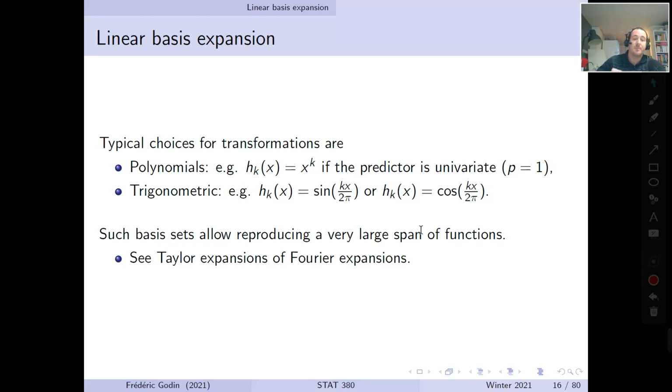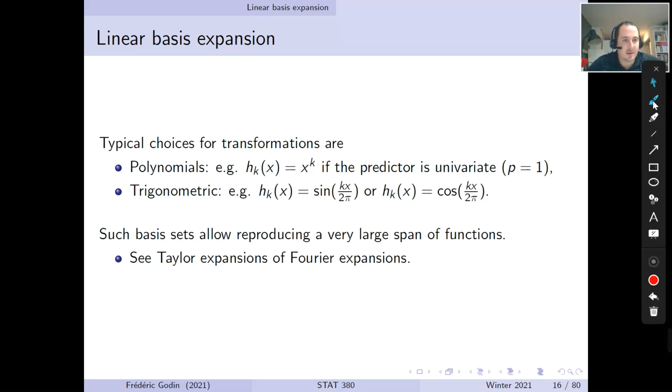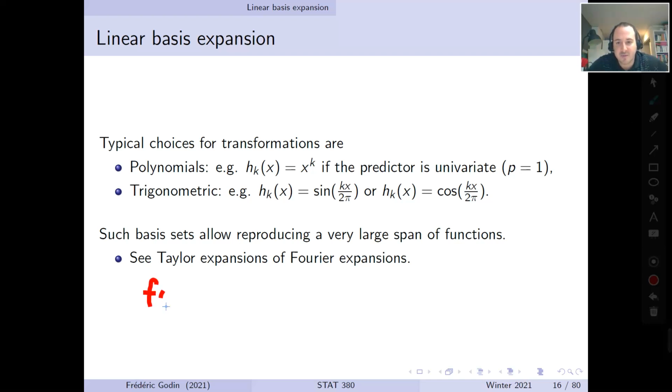To make a quick summary of the topic, let's say we have a prediction function. Let's say that we have the true prediction function here, that is f of x.